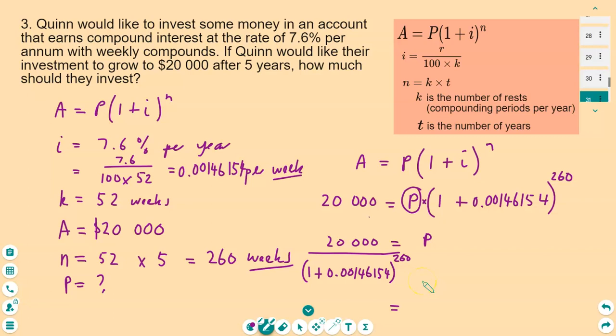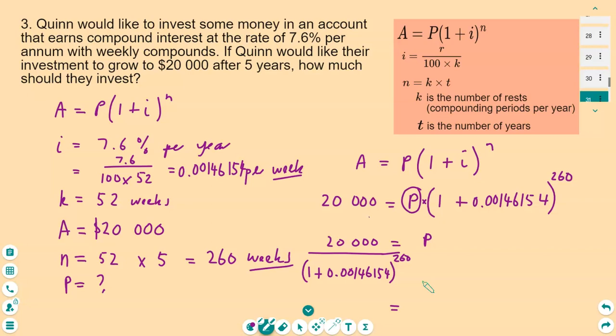Put it in your calculator. 20,000 divided by 1 plus 0.00146154. All the numbers start to look and sound the same.